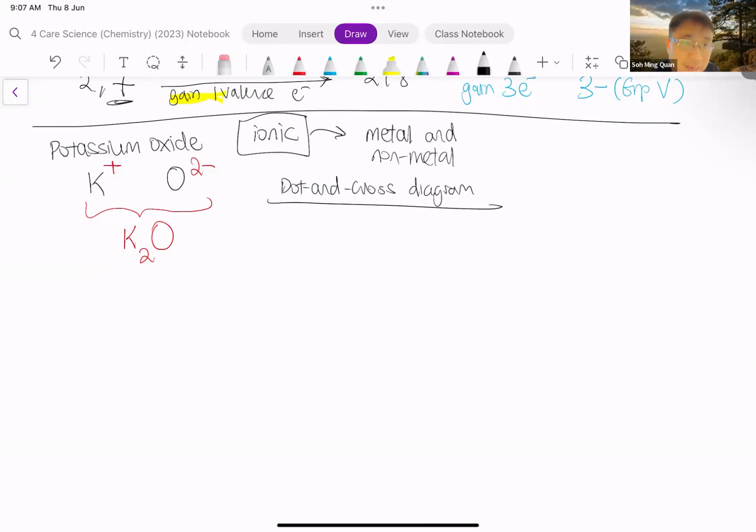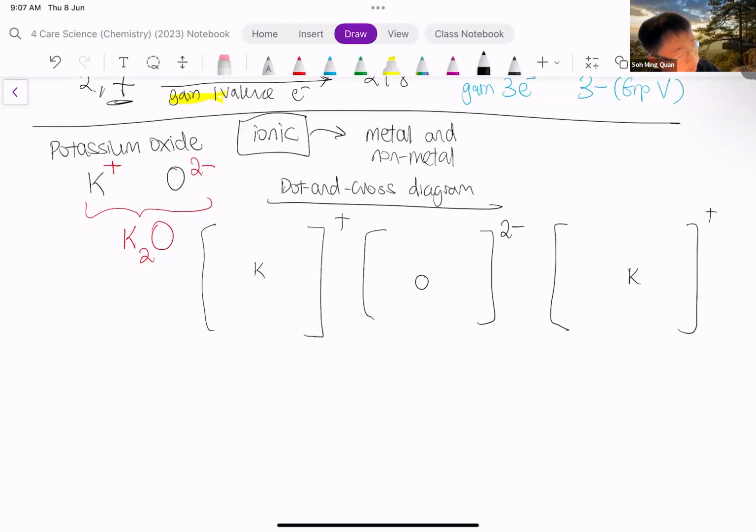The one that goes into the center is the one that is in a smaller amount. K2O: 2 potassiums, 1 oxide. So oxide goes into the center, whereas the 2 potassium ions will have to go to the sides.